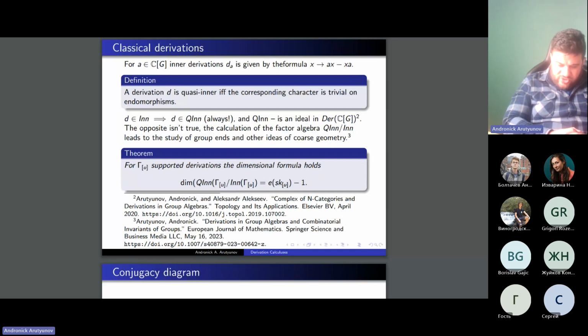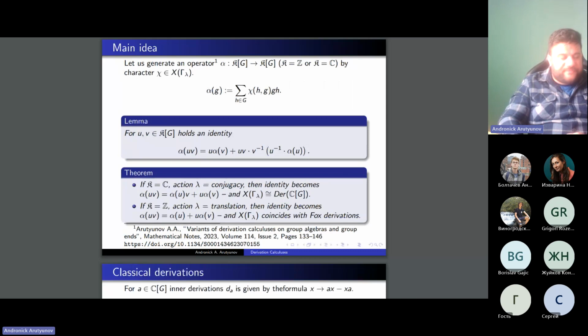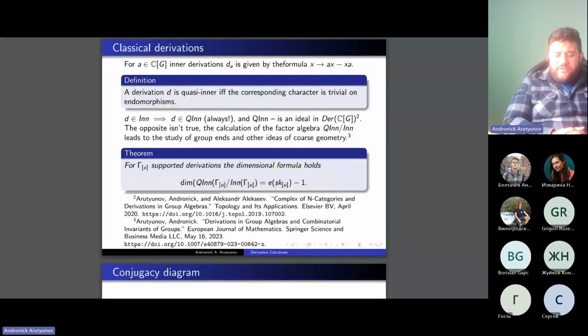But the opposite isn't true. The set of derivations whose characters are trivial on loops is a little bit bigger than the set of inner derivations, and we call it the set of quasi-inner derivations.